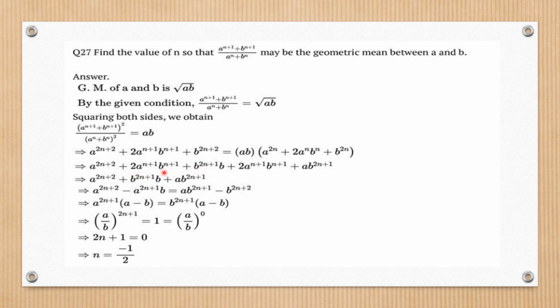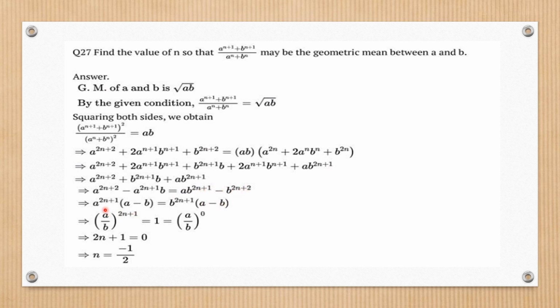Okay, everything you just multiply this also, rearrange the terms, as we have rearranged in the previous question of APs. What you will find is you will take everything to the other side, and we will get the equation as a raised to power 2n plus 2 minus a raised to power 2n plus 1 times b is equal to a b raised to 2n plus 1 minus b raised to power 2n plus 2.